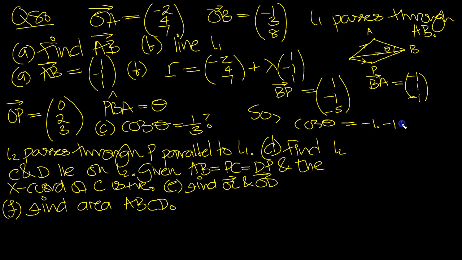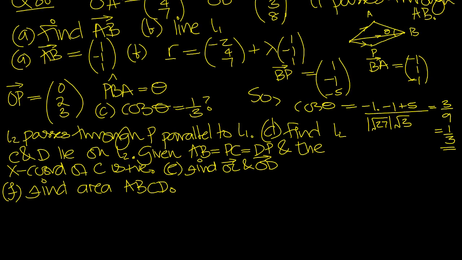So that's +5. And the product of the moduli: 1 squared, 1 squared, and 5 squared is 27, square root 27. And this is 1 squared, 1 squared, and 1 squared is the square root of 3. So we end up with 3 over 9, which equals 1/3, which is what we wanted to show.